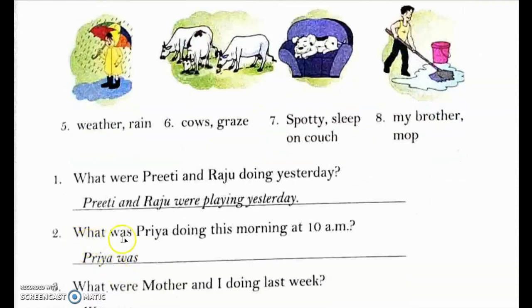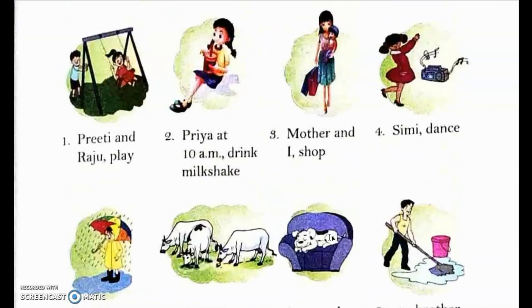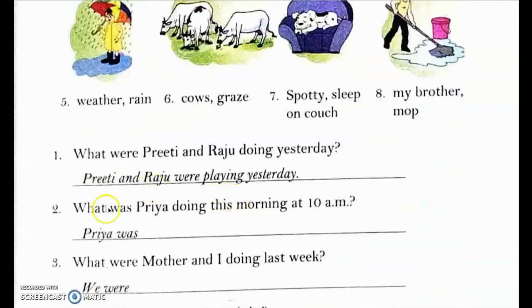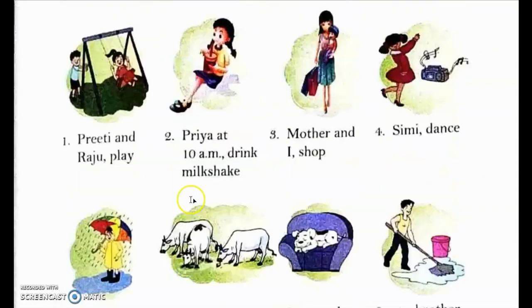Number 2. What was Priya doing this morning at 10 a.m.? Let us see the picture and the word clue. Priya at 10 a.m. drink milkshake. Priya was is already given here. Which action verb is given here? Drink.